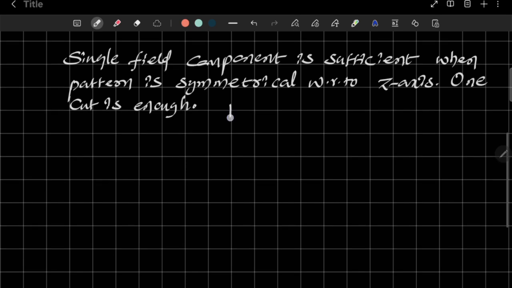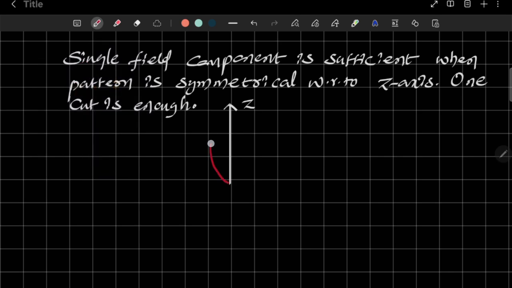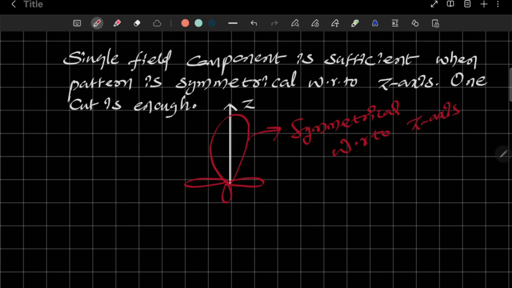For example, simple diagram I will take. This is z axis. Then the main lobe of the radiation pattern is like this. These are side lobes, back lobe I have taken. So this is symmetrical with respect to z axis.